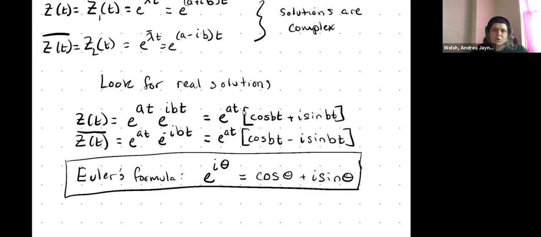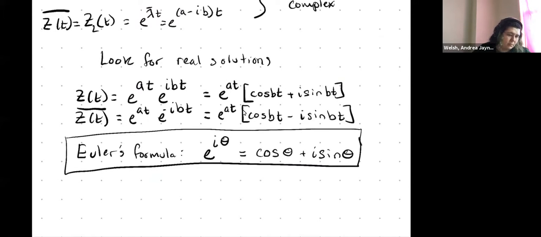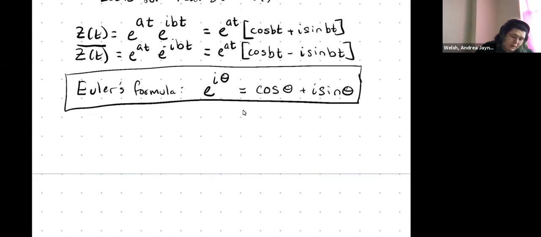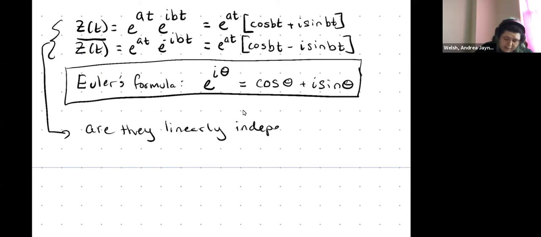You can see again that our two solutions are still complex conjugates of each other. Nothing very different is happening there. One thing we want to check is whether our solutions are linearly independent.